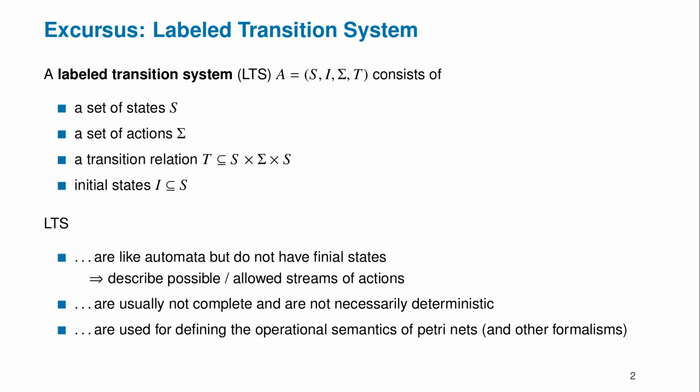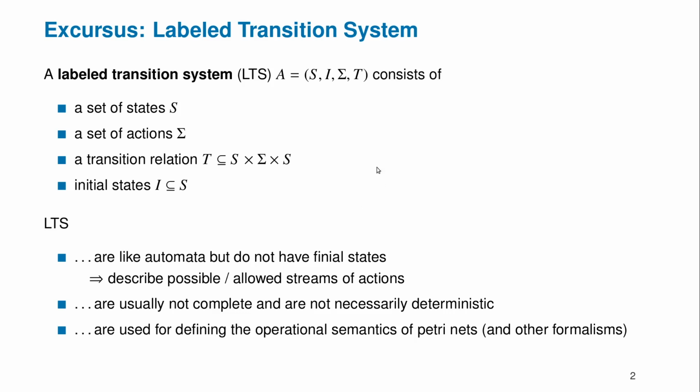Yeah, and we will use them to define the semantics of the Petri nets and to concisely characterize their behavior. And this is not the only application where we will see LTS in the context of this course. We will also see them later again. But this is a very simple concept when knowing about finite automata.